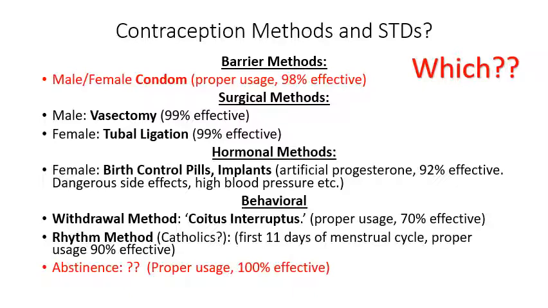And of course, abstinence. If you don't have sex, you won't get sexually transmitted diseases. Okay, a vasectomy and a tubal ligation are useless at preventing sexually transmitted diseases. Hormonal birth control pills don't do anything to prevent catching sexually transmitted diseases.